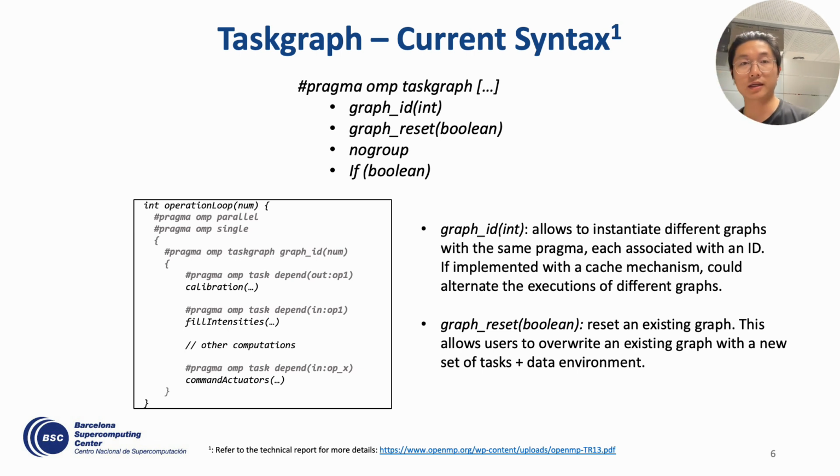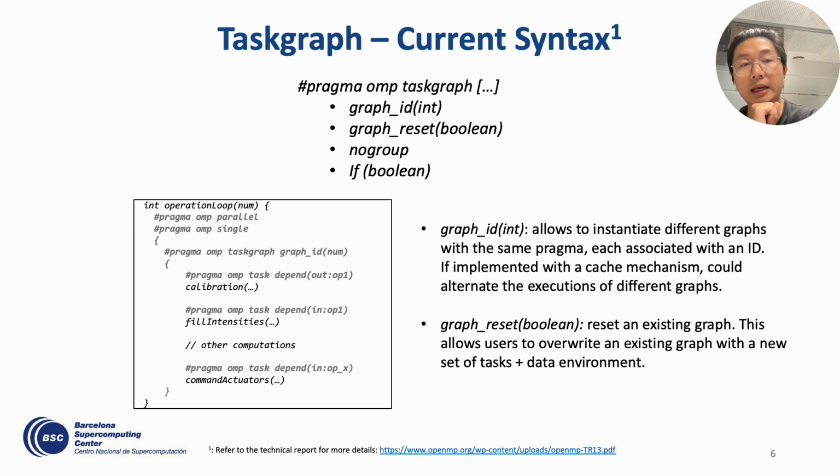Let's look at the syntax of the directive. The complete syntax is already in the technical report, which is on the OpenMP website. Here I'm going to explain two important clauses of the directive. The first one is the graph_id, which takes an integer as the argument. What it does is act like an identifier of a graph.